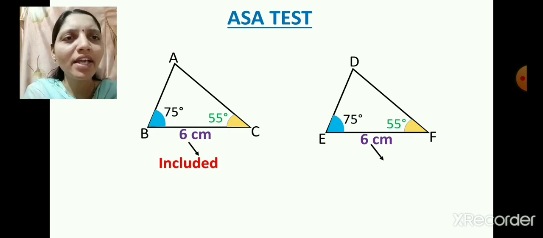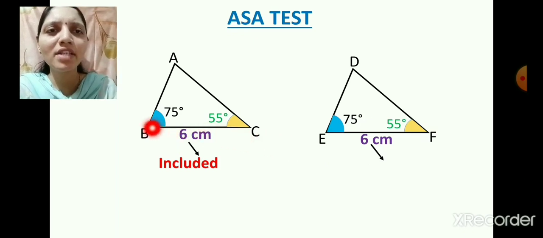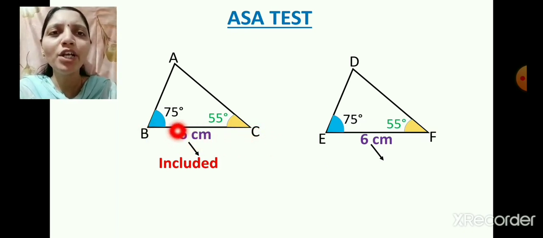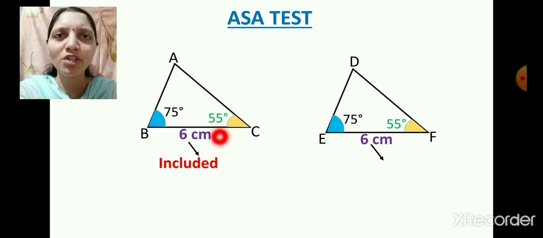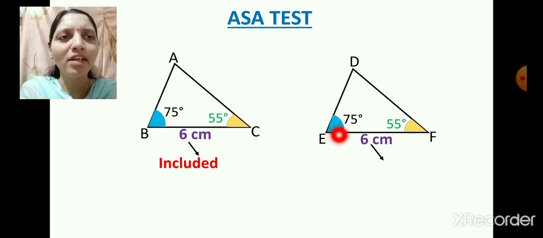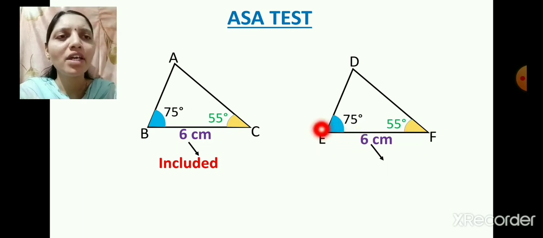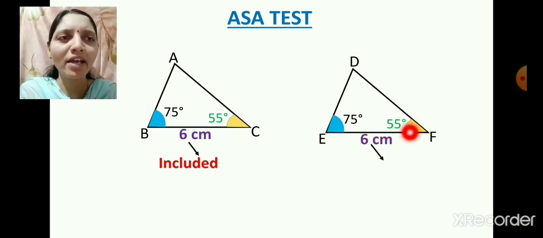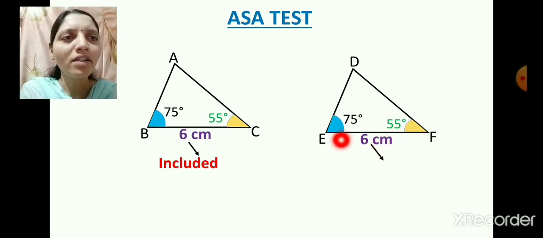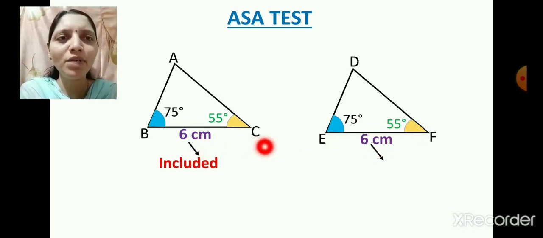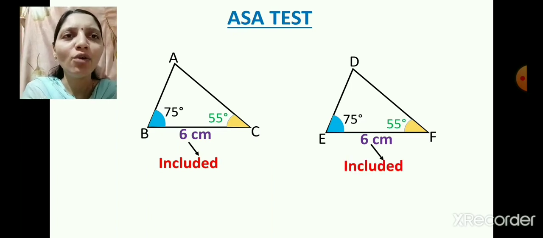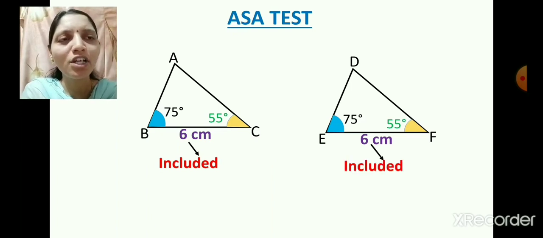Now if you observe, side BC is between these two given angles. And here also in triangle DEF, side EF is between the two given angles, angle E and angle F. Therefore, side EF and side BC are known as the included side between the two angles, and these sides are also equal.